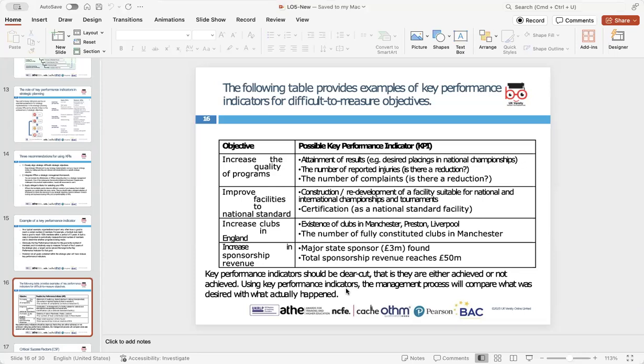In all these cases, KPIs must be clear and measurable to effectively assess whether an organization's objectives are being met. This allows management to compare what was intended with the actual outcomes, enabling informed decisions and adjustments. Any questions so far?